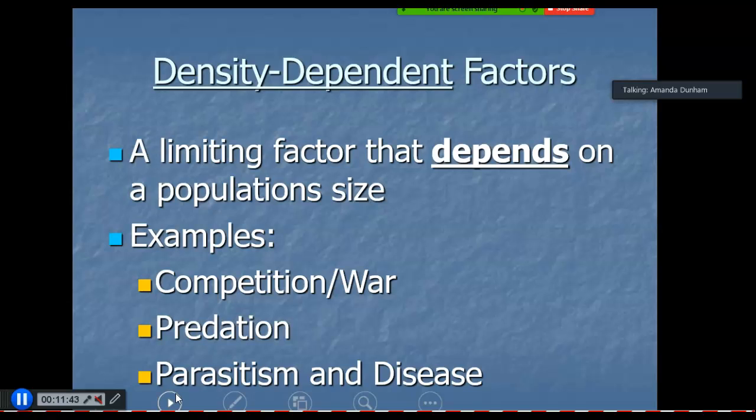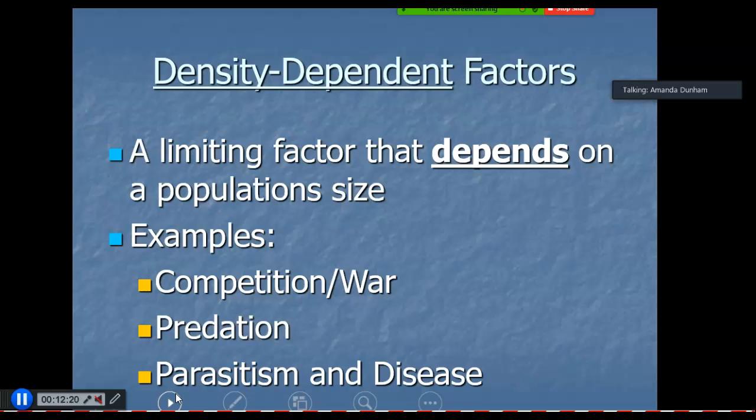Such as competition: the more buffalo you have in that area, the more they're going to compete with each other for that food, as they are herbivores. And the denser the prey in the area, the more predators it can support.